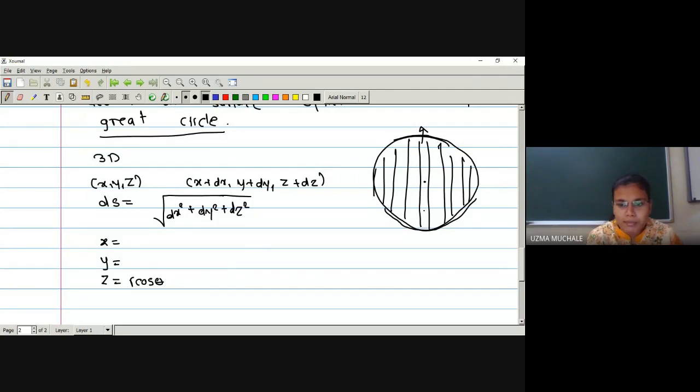Spherical pendulum च्या example मध्ये मी घेतलं होतं. This is the radius, and it makes an angle theta. Actually we have constructed here some angle. This is an angle theta. आठवते का कुणाला?